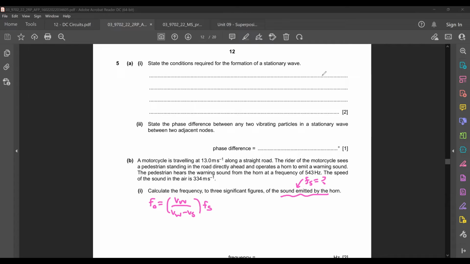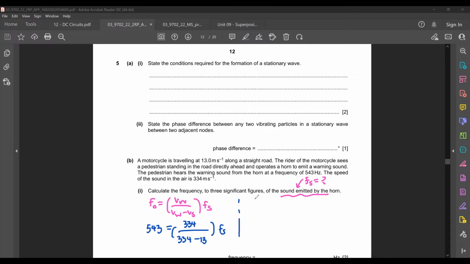So you just sub in the values. 543 equals 334 over 334 minus 13, times fs.